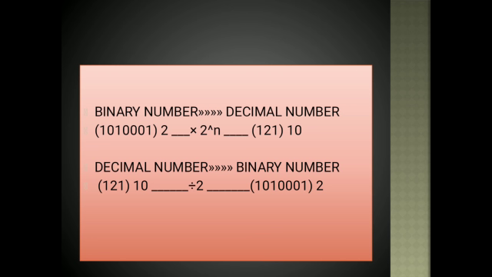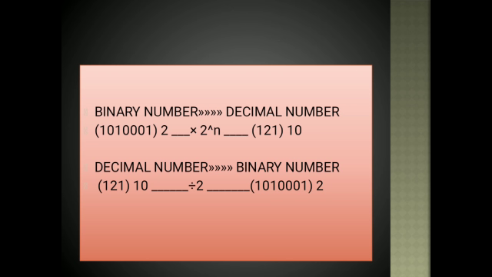Let's have an example of converting a binary number into a decimal number, such as 1010001 base 2. If we multiply it by 2 to the power n, we get decimal 121 base 10.